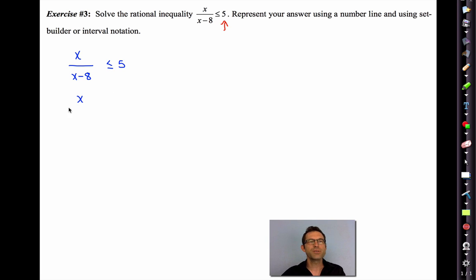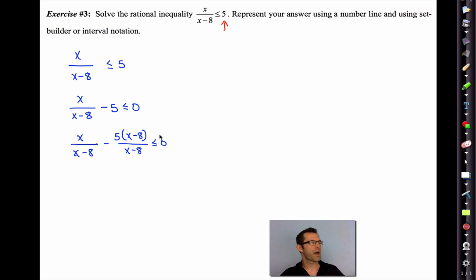So what I'm always going to do with rational inequalities is I'm always going to attempt to compare them to 0. So I'm going to move that 5 to the other side, and then I want this all as a fraction. So what that means is I've got to do a little bit of common denominator work, right? The common denominator is x minus 8. So I'm going to just do some common denominator work on the back side of my sheet.